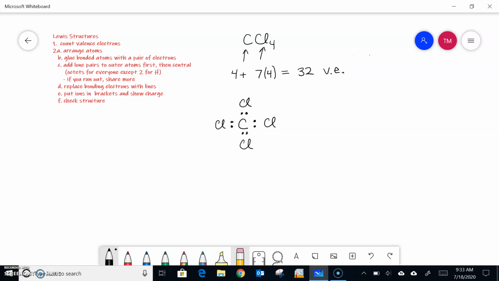And we notice that that took 8 so far to do. We have a total of 32, so we're going to start adding more lone pairs. And we always start on the outer atoms. So we call carbon the central atom, chlorine the outer atoms. So we've used 8, here's 10, 12, 14.